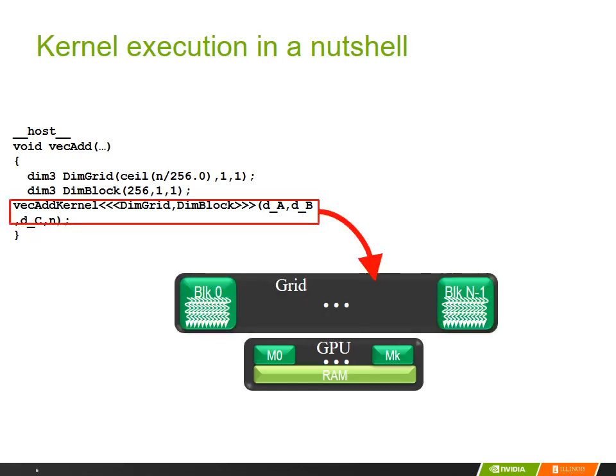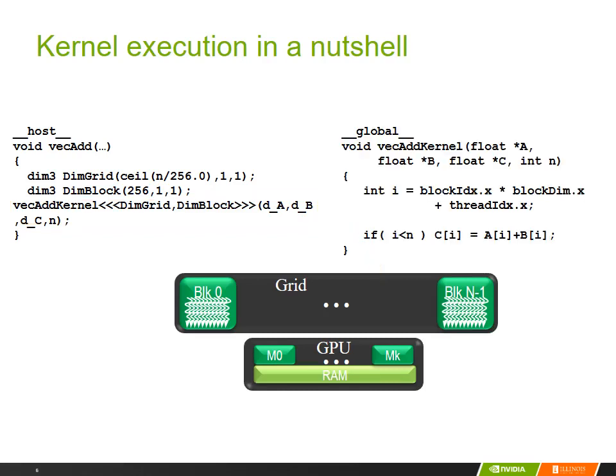So when we execute the kernel launch statement, the GPU hardware creates a grid of threads, which we're showing in the center bottom. And then each one of these threads will be executing the kernel function on the right-hand side.